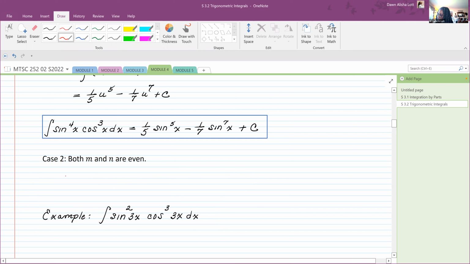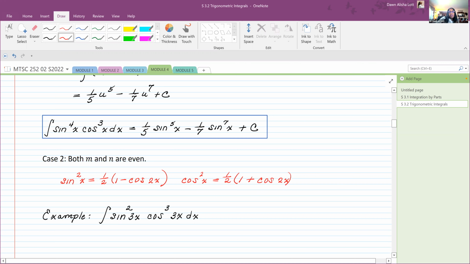So we have sine squared of x is equal to 1/2 times 1 minus the cosine of 2x, and the cosine squared of x is 1/2 times 1 plus the cosine of 2x.